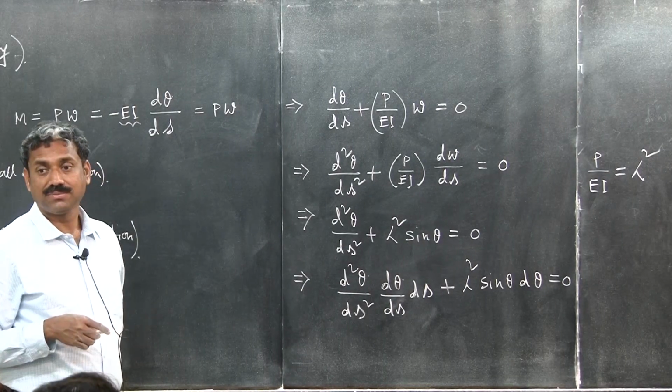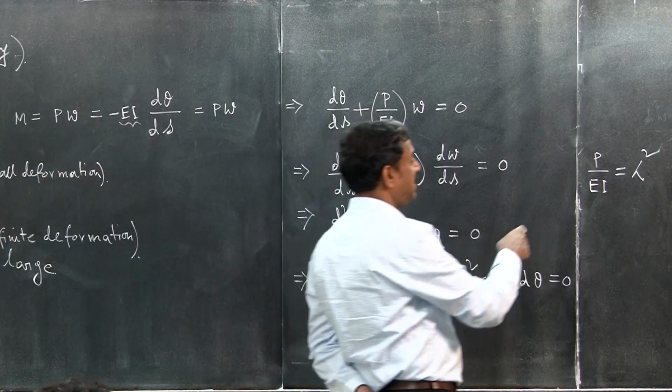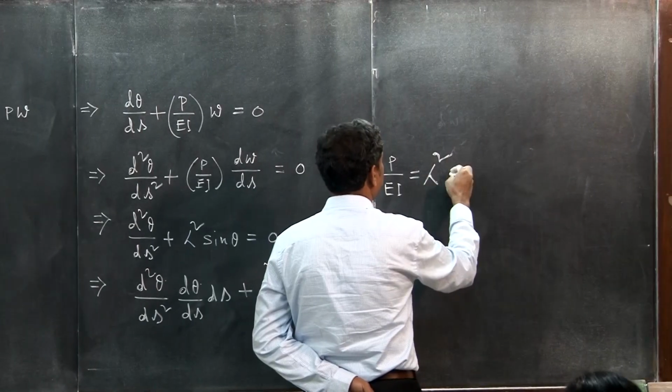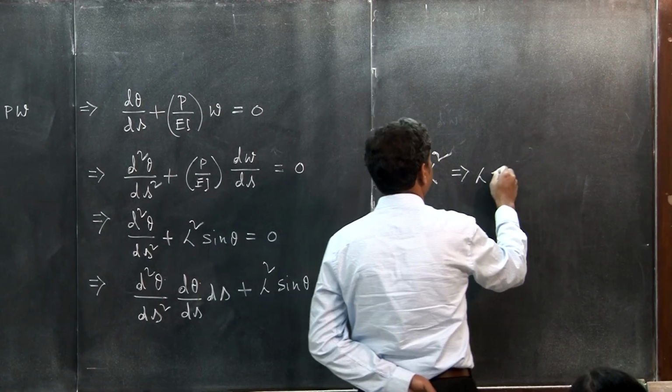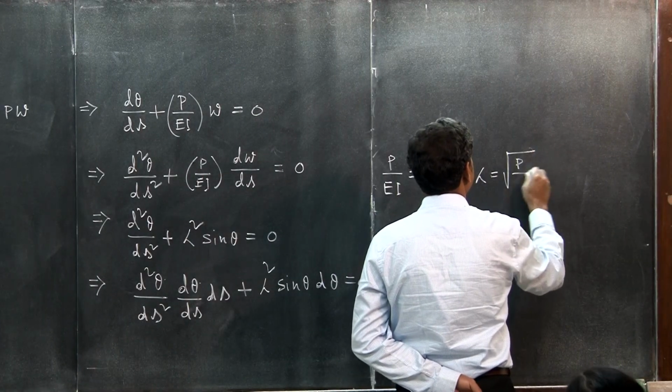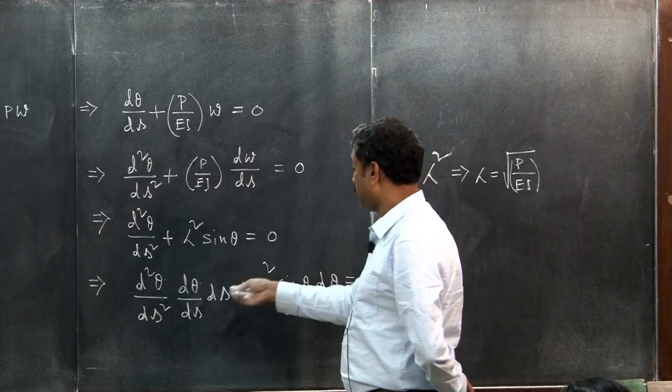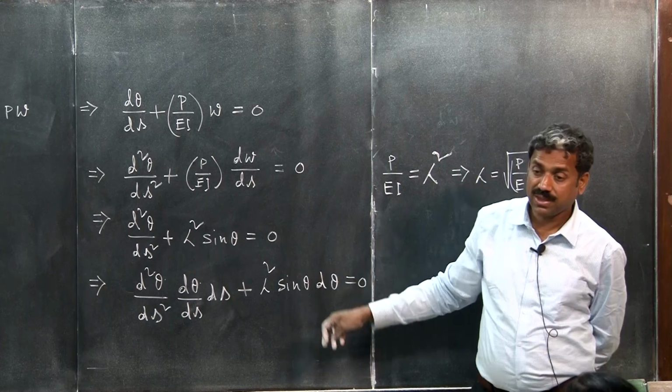Because that will lead to some simplification of the equation. Please note that lambda square is nothing but P by EI, so lambda is root of P by EI. EI is the flexural stiffness, P is the axial force. Until this you follow how I am coming here.